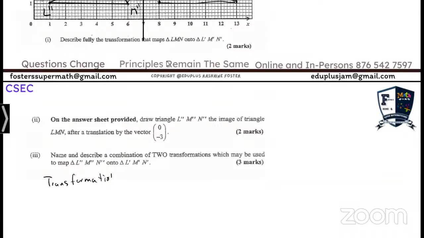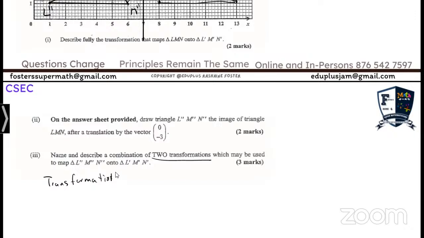But the reason why we can't use a glide reflection is because they said name and describe a combination of 2 transformations. So we need to give you the 2 transformations that we're going to be combining.